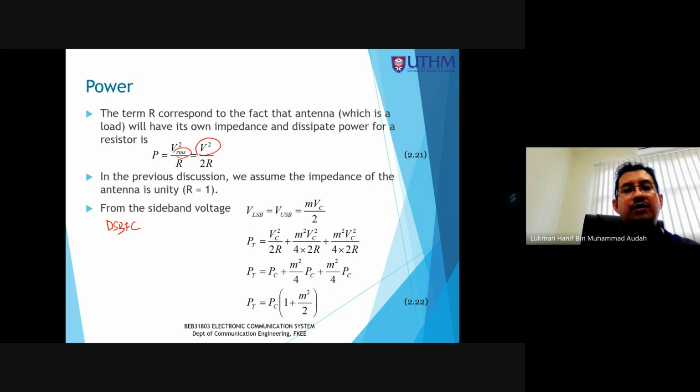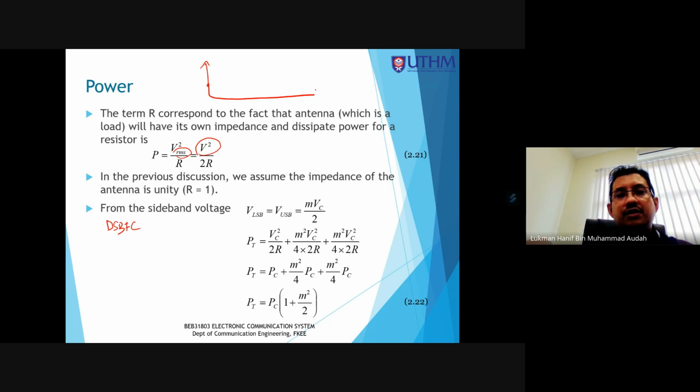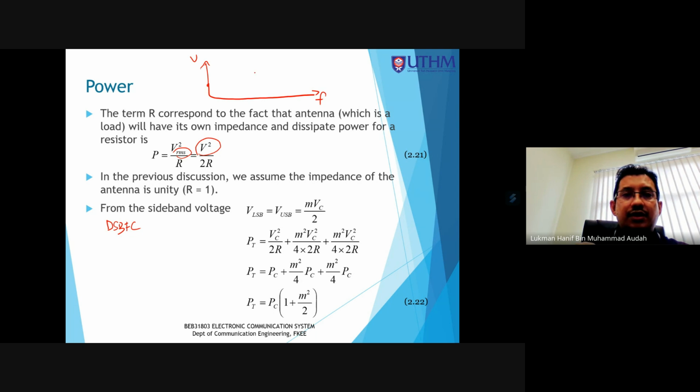If you draw the frequency spectrum, this is V versus F. You're going to have this VC, and the lower sideband and also the upper sideband. This is FC minus FM, and this is FC plus FM. As I said, this is VM over 2.